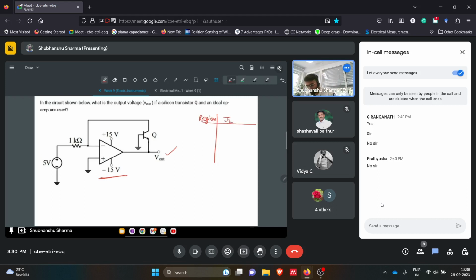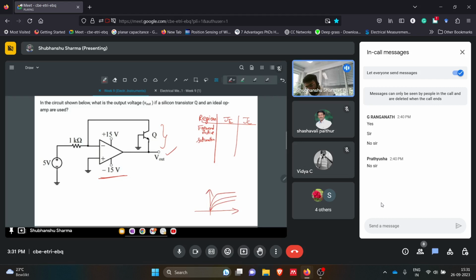In the common emitter configuration, if that is forward, we say forward active. You can also see saturation. These are the different regions. When you see the characteristics of a transistor, it looks like this.